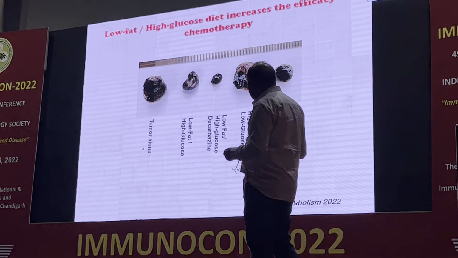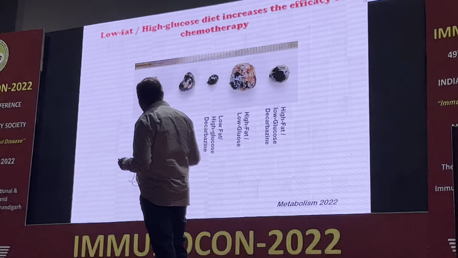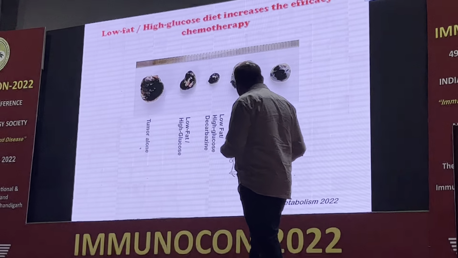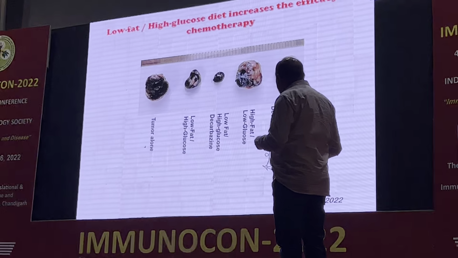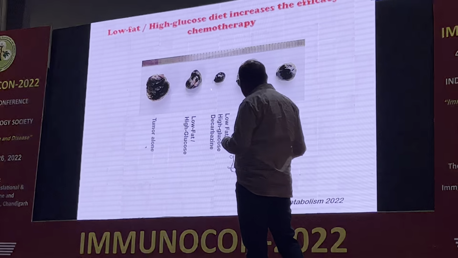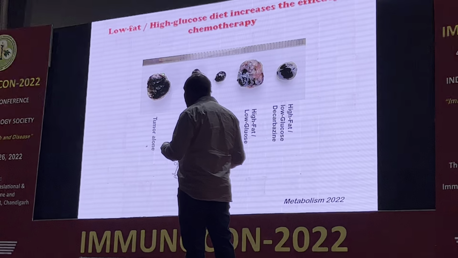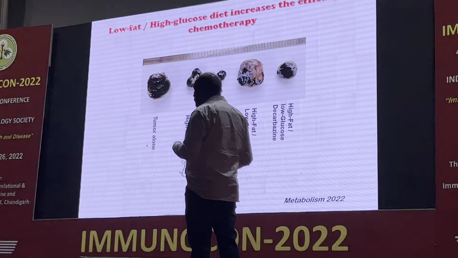And now if you can change your diet, if you use the low fat and high glucose diet, and then use the chemotherapy, you see, this is the tumor alone. If you let the mice take the low fat and high glucose diet, even without the chemotherapy or immunotherapy, you see the tumor size is smaller.